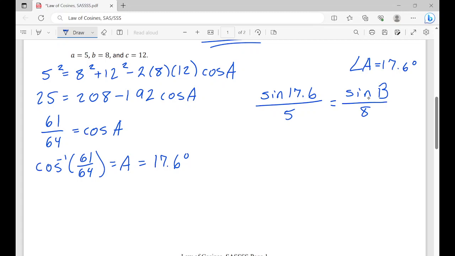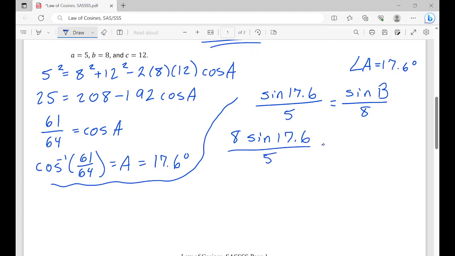And solve for sine, so I'm going to multiply the 8 over. 8 sine of 17.6 over 5 is equal to sine B. And then I'm going to take the arc sine of both sides.